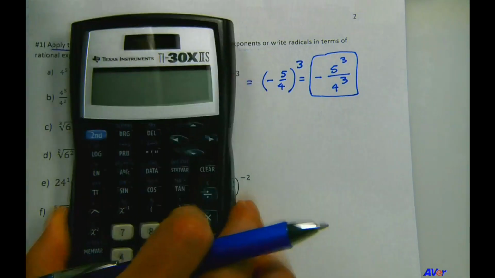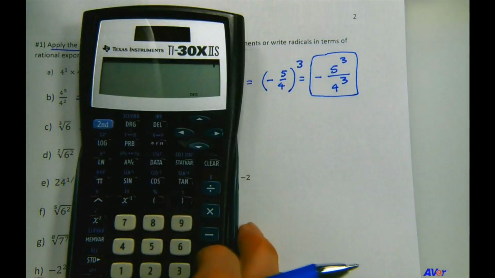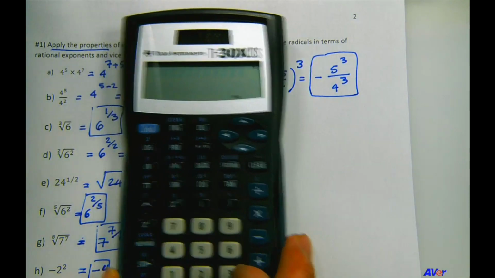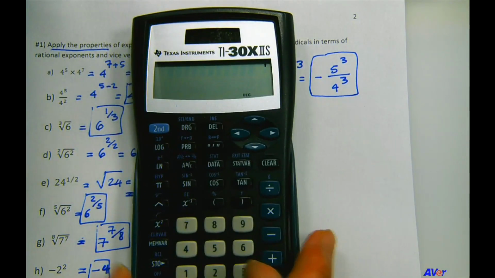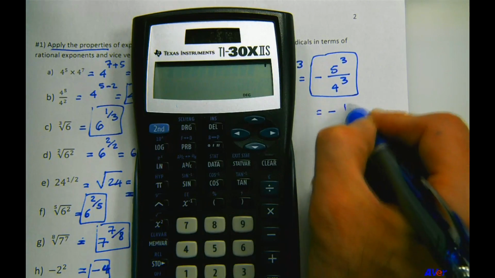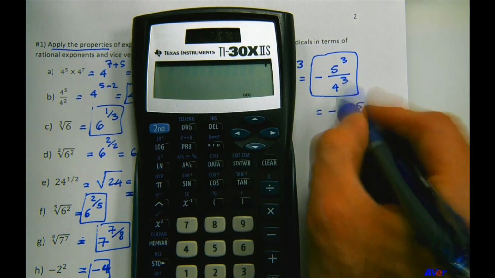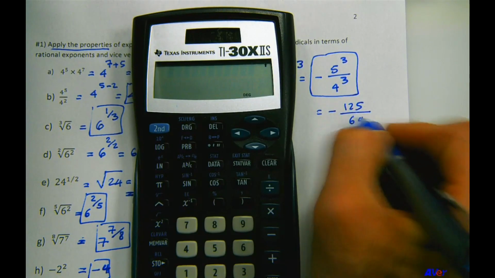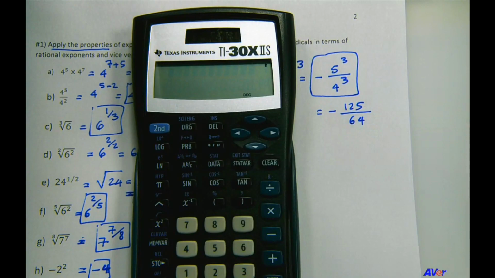You could do this. So we could say 5 cubed is 125, right? So that one is easy. So we could just say minus 125 divided by 4 cubed, and that would be 64. And do these two have any factors in common?